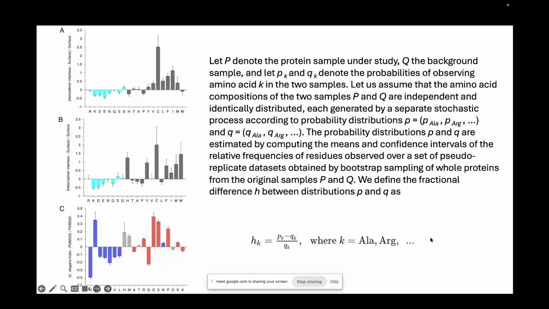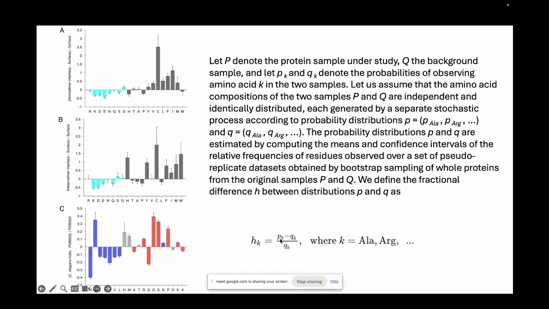So then what you do is define a fractional difference, basically the difference in probabilities in terms of protein P and Q, and what is the difference between these two distributions across different amino acids. So this is basically a simple difference.